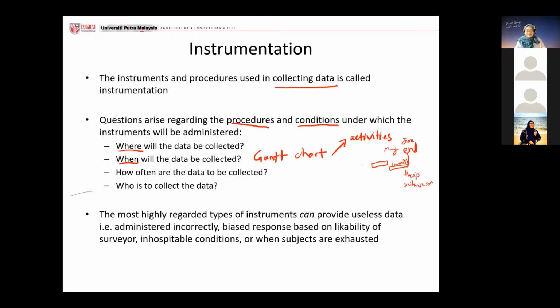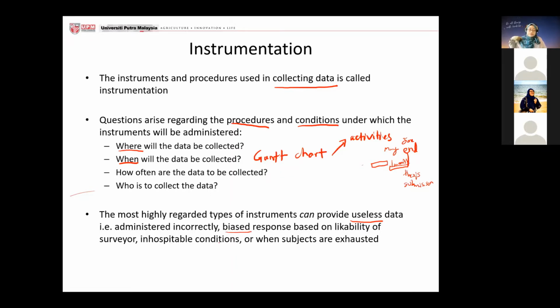So the most highly regarded types of instruments can provide useless data. Even if you have the best kind of instrument, it can provide useless data. Why? Because it is administered incorrectly, for example. Or maybe the responses that you get are actually biased.